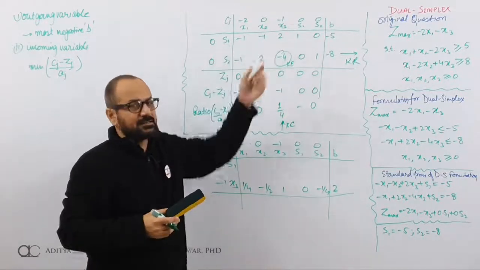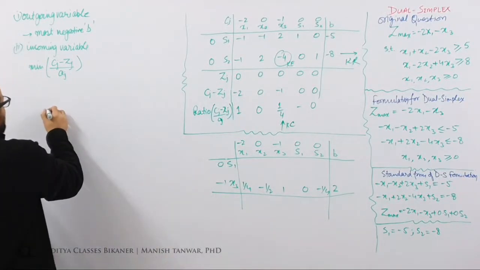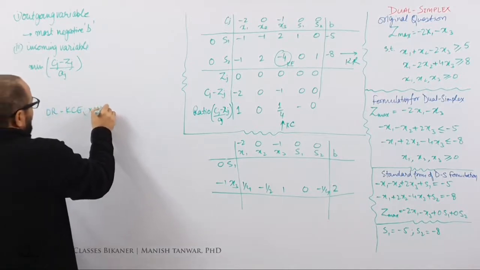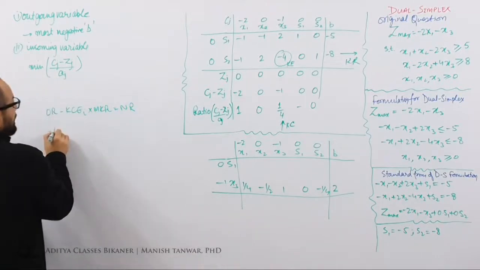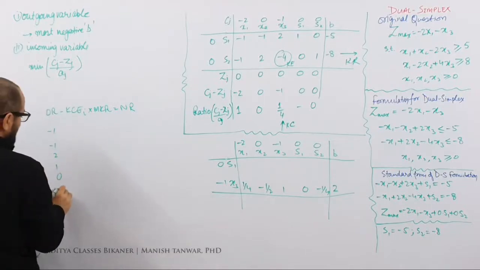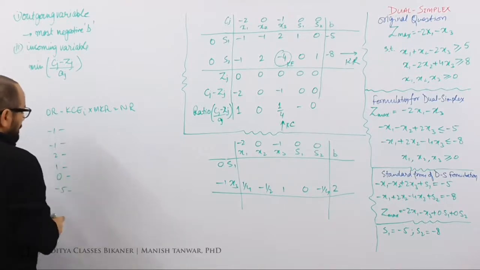Next, let us transfer the first row also. What is the formula? It goes like this. Old row minus key column element multiplied by modified key row is equal to new row. Old row is -1, -1, 2, 1, 0 and -5 minus key column element.